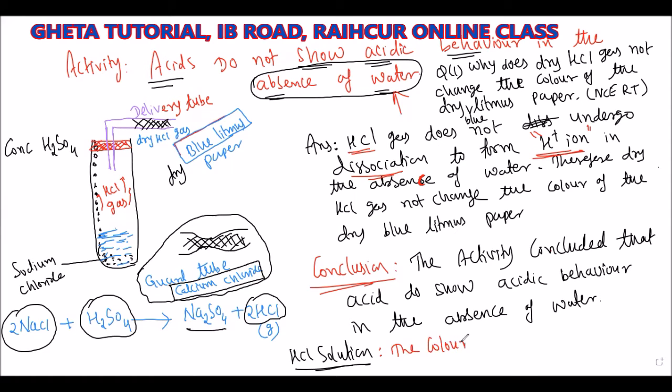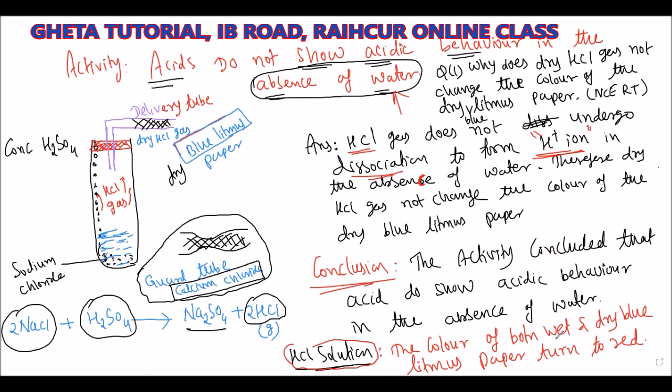So we can say the color of both wet and dry blue litmus paper changes to red. Why does the blue litmus paper change to red in the HCl solution? Because it is acidic, sir.